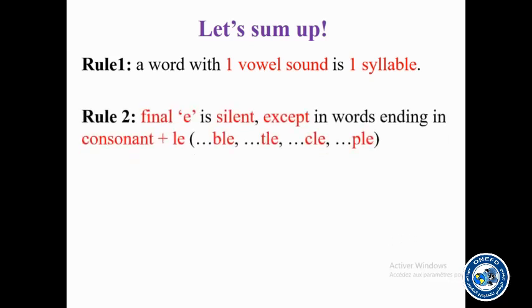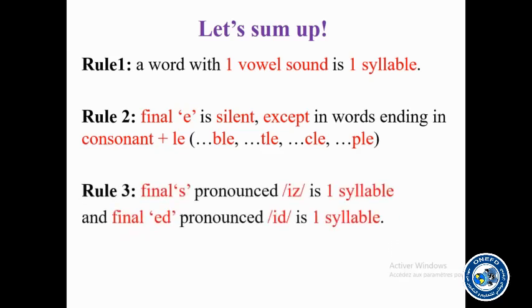Rule number two, final E is silent, so it is not a syllable except in words ending in consonant plus le. Rule number three, when the final S is pronounced iz, it is a syllable. When the final ed is pronounced id, it is also a syllable.